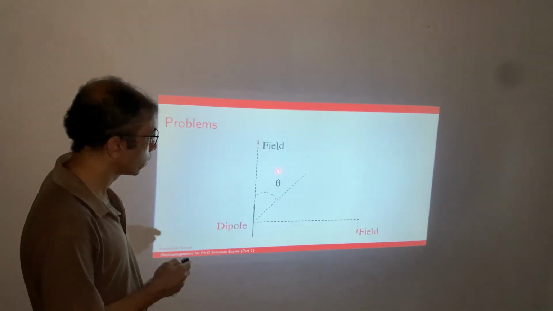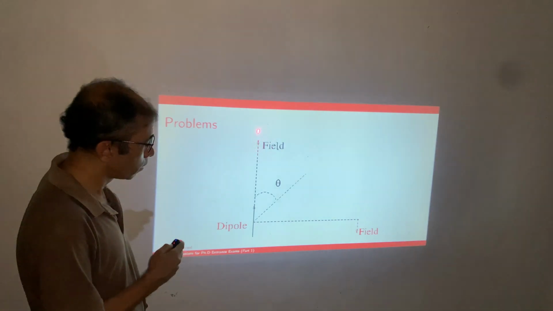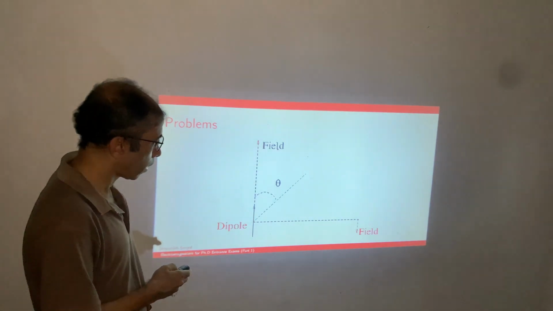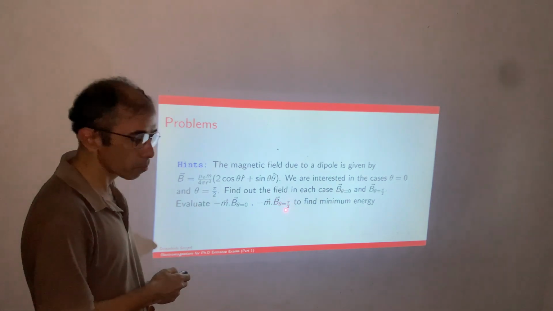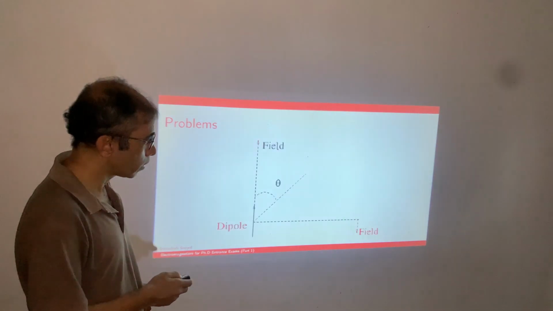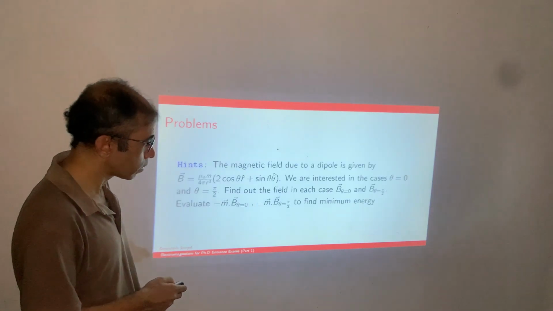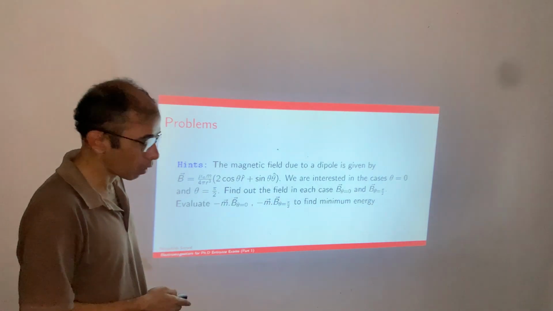That is, when the dipole is in this direction, what is the energy of the configuration? And another case is when theta is equal to pi by 2, that is when the dipole is oriented in the direction of the field, what is the energy? And see which is the minimum energy, and that will give you the answer.